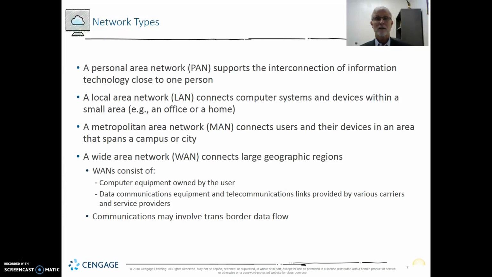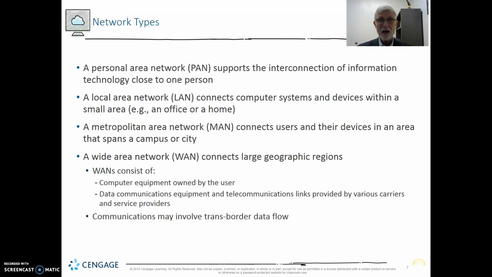Now, what a wide area network usually consists of is that you as a consumer buy the physical equipment. Some companies will allow you to lease it, but in most cases you'll buy it, and they'll run their facilities, their cables, up to your equipment, to what they call a demarcation point. Think of it as the cable company coming to your house and you've got a box on the outside that they connect to, and they own from that box out.